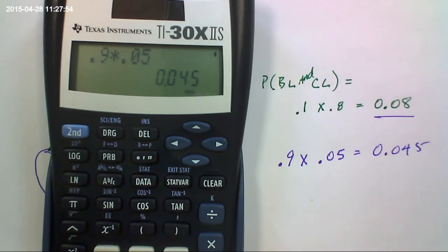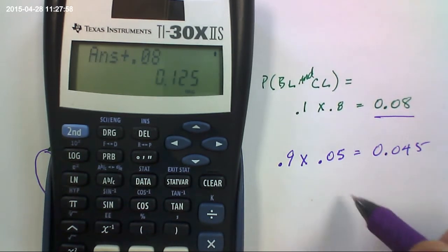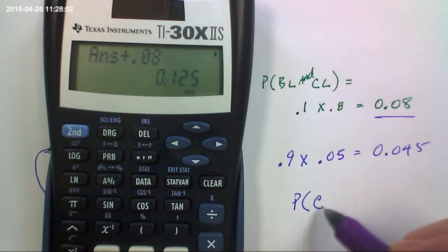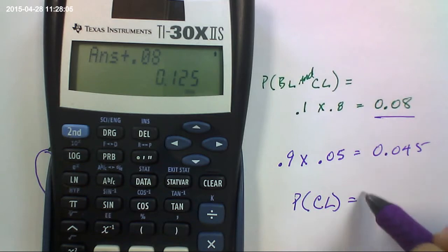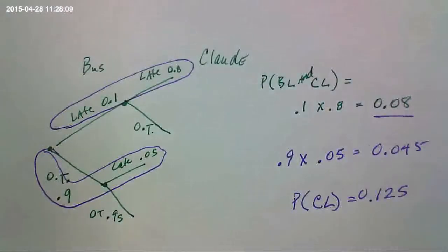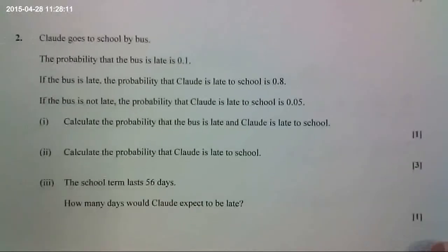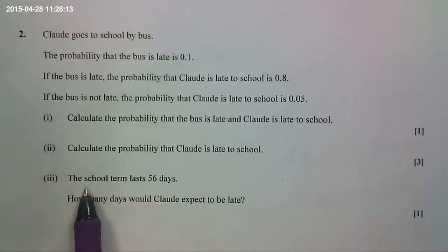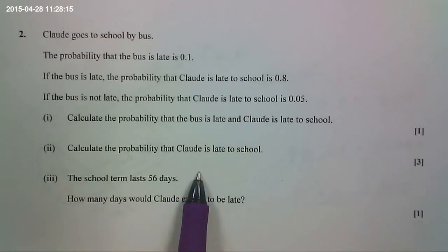Okay, so those are the two ways that he could be late, so add them together. So the probability that Claude is late is then 0.125.